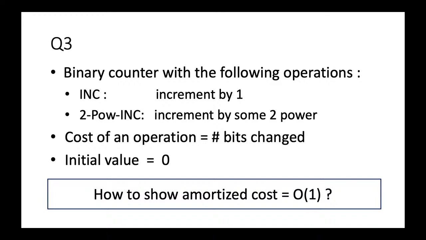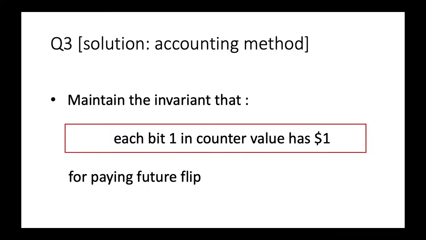The cost of an operation depends on the total number of bits that are flipped or changed. The initial value is equal to 0. We want to show that the amortized cost for each operation is only constant. The easiest way is the potential method, but the more intuitive way is the counting method, so what I'm showing is the counting method.